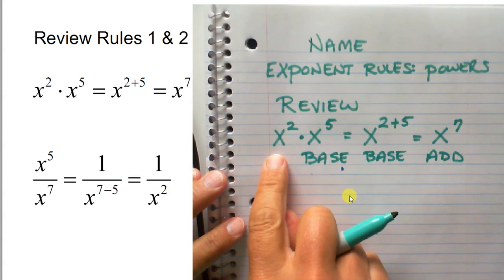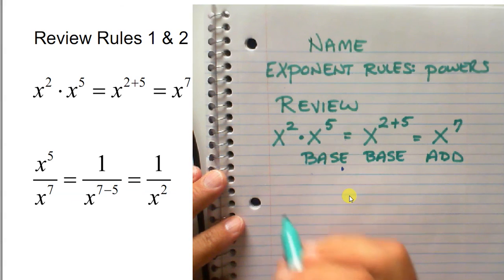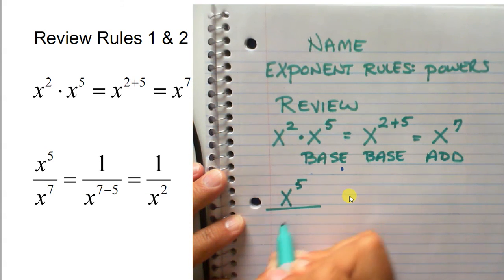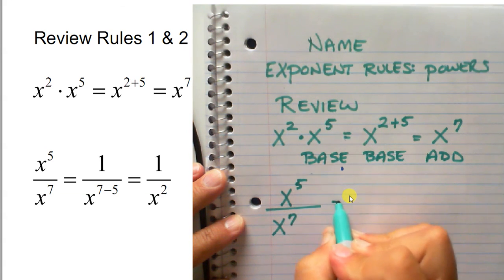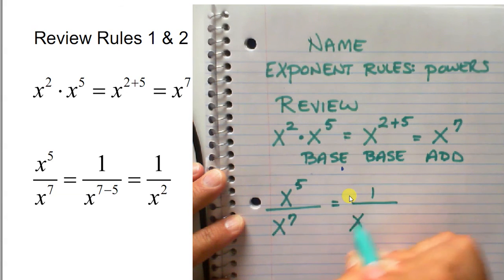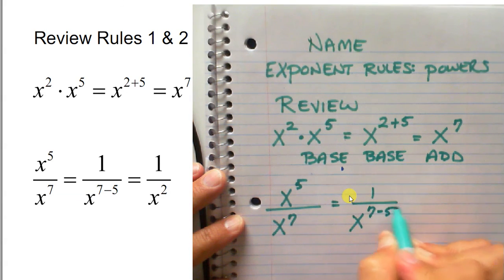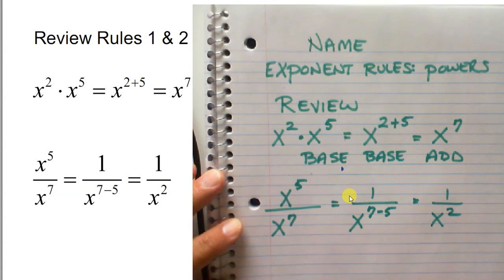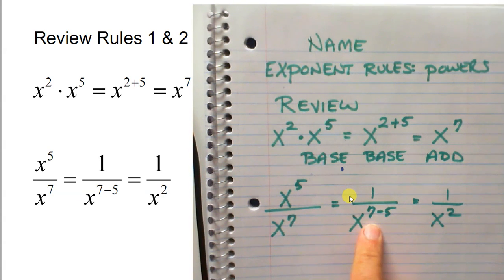So this one is multiplication. We also have x to the fifth over x to the seventh, which becomes 1 over x to the 7 minus 5, which equals 1 over x to the second. So division is actually subtracting the exponents.